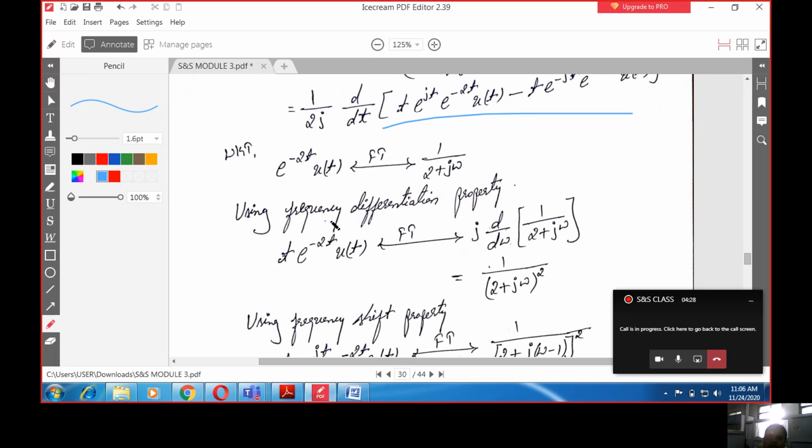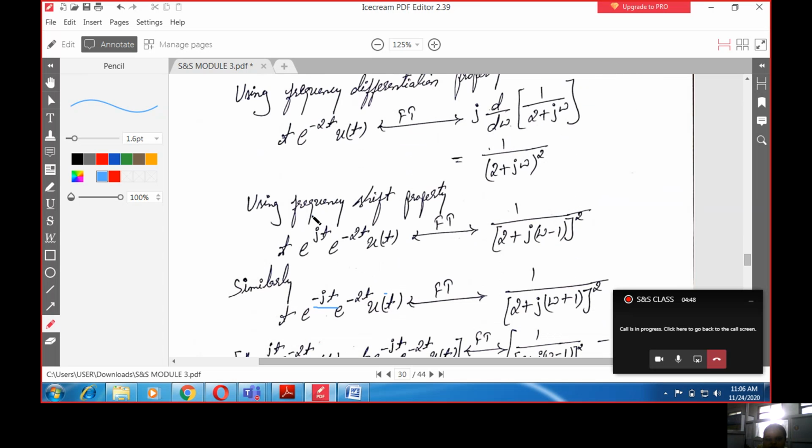Then using frequency differentiation, t e^(-2t) u(t) is going to be j d/dω of [1 divided by (2 + jω)]. After differentiation, you'll be getting 1 divided by (2 + jω) whole squared. Then we are going to use the frequency shifting property. Therefore, t e^(jt) e^(-2t) u(t) has Fourier transform 1 divided by (2 + j(ω - 1)) whole squared.